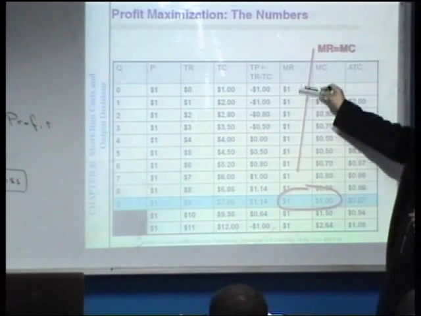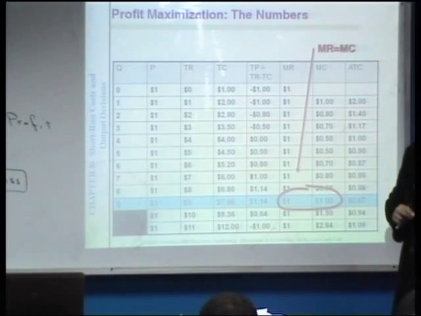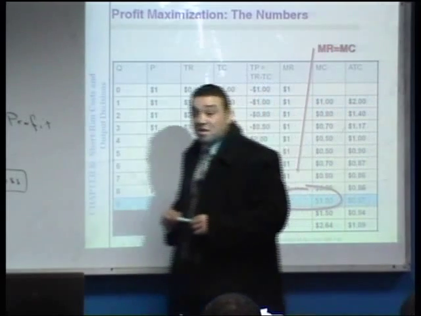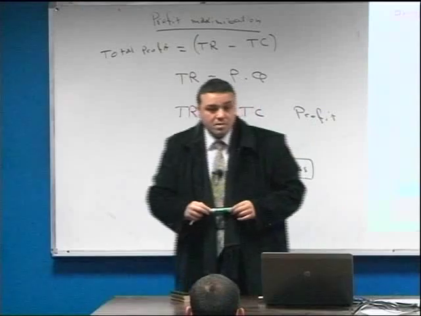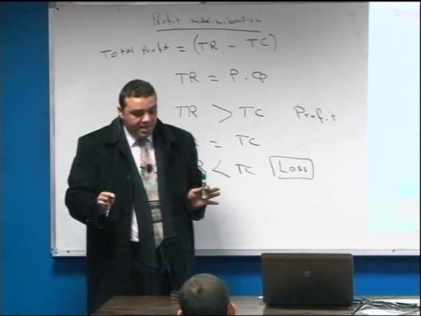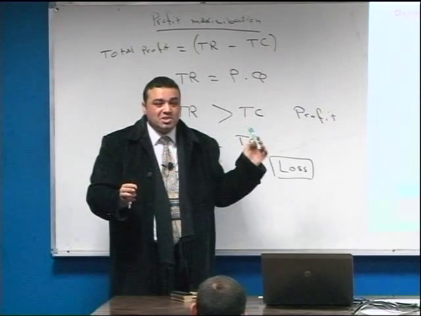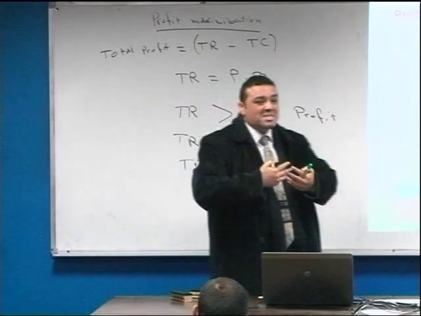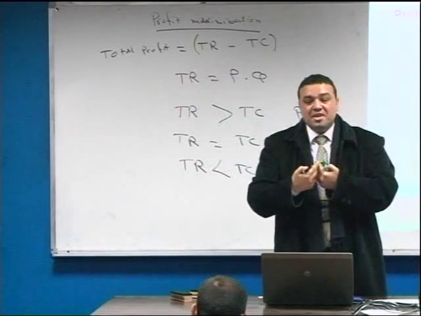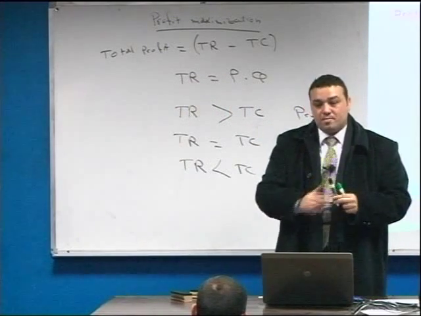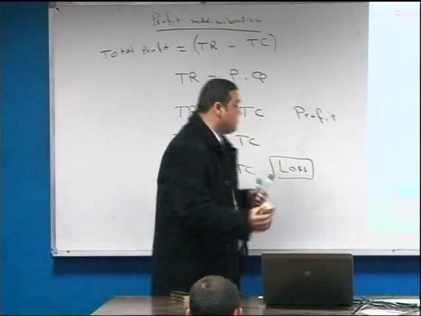Now, what about the marginal revenue? Is it easy to calculate the marginal revenue? Okay, before that, I will draw the diagram that illustrates the profit maximization by using the totals method.